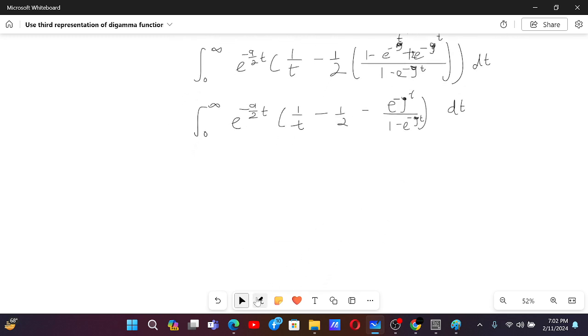Now after this we'll just multiply these out, so that with the constant it will be easier to integrate. Minus 1 by 2 e to the power minus a by 2 t.